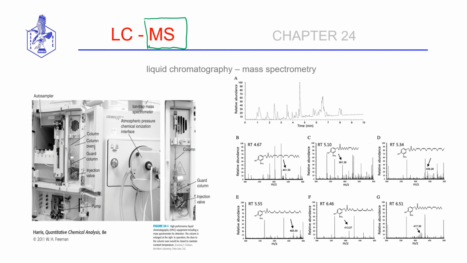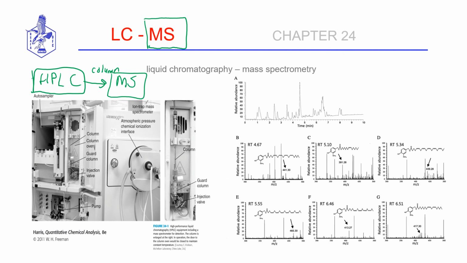That's a powerful combination. Shown to the left here is a nice illustration of an LCMS, in which obviously you've got your high performance liquid chromatograph, and as the components come off the end of the column, they are going to enter into a mass spectrometer.